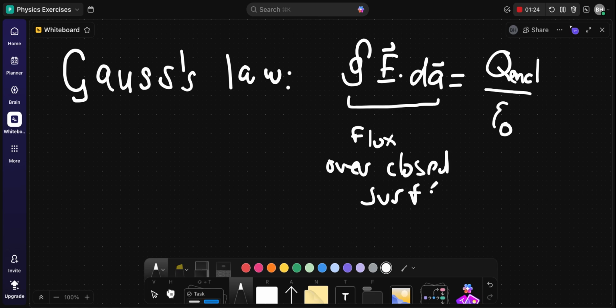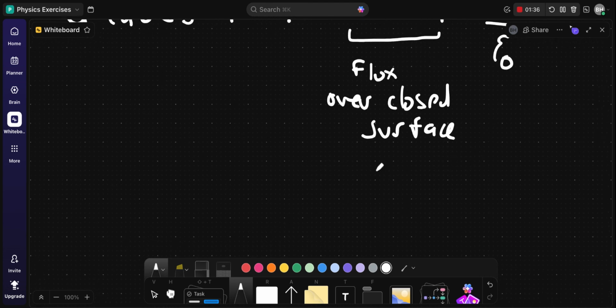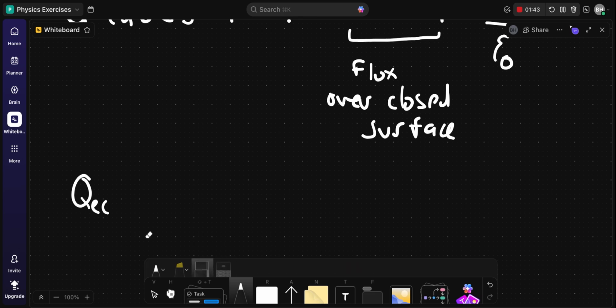And the important part on the right-hand side, and that's what we're going to deal with in this video, is that this charge is the charge that's enclosed within that closed surface. Okay, so let's write that down. So Q enclosed, enclosed within that closed surface.